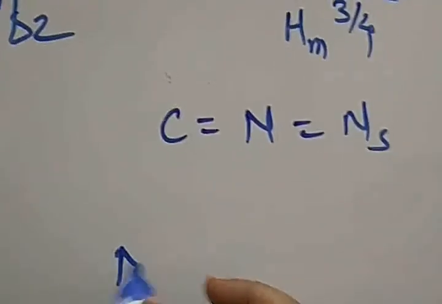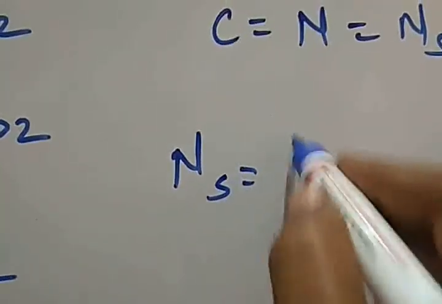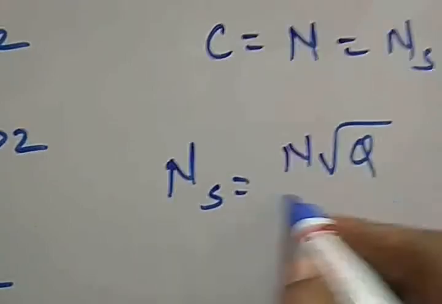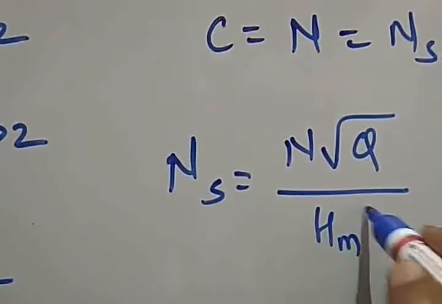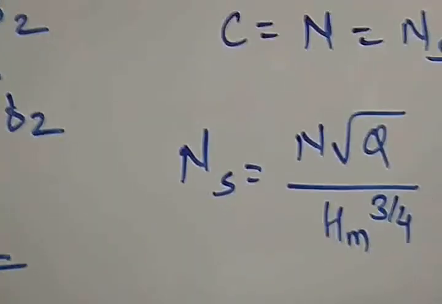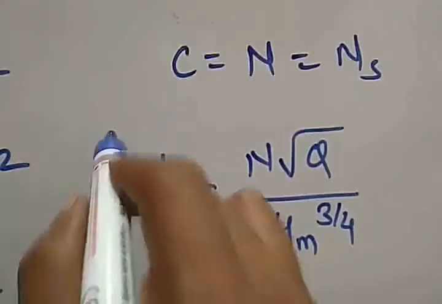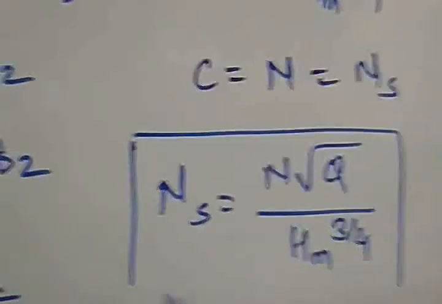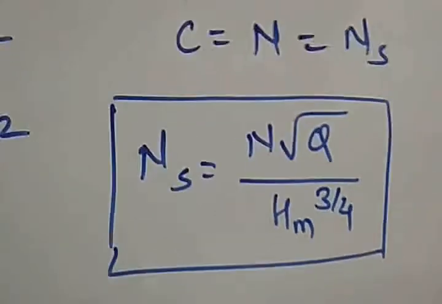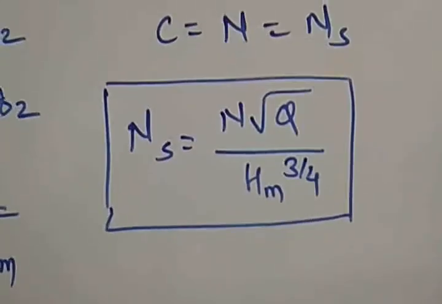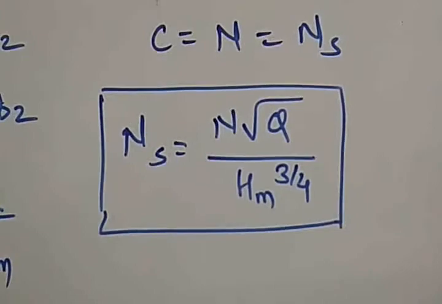Hence I can write ns is equal to n under root of q divided by hm raised to 3 by 4. So this is the expression for the specific speed of a centrifugal pump.